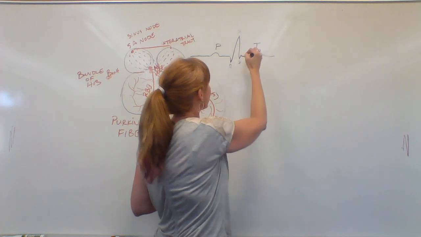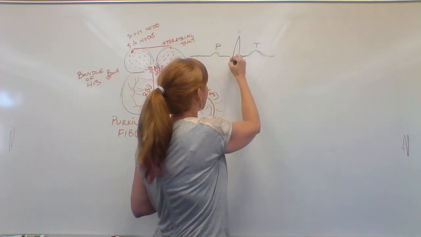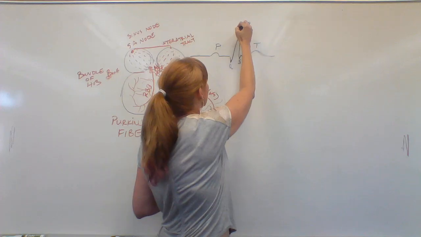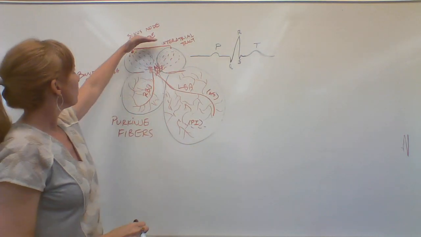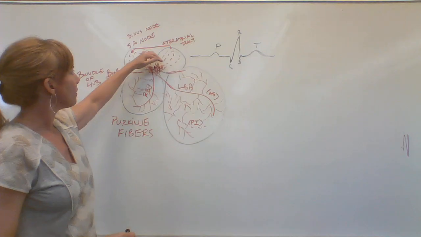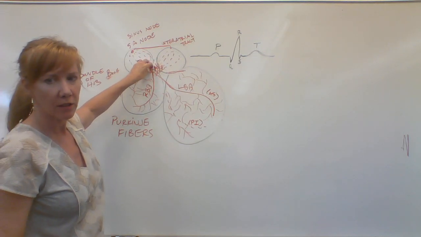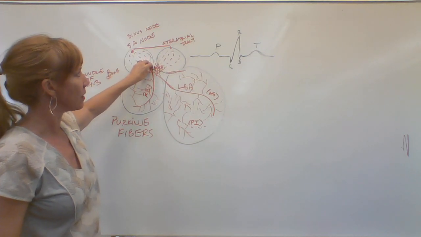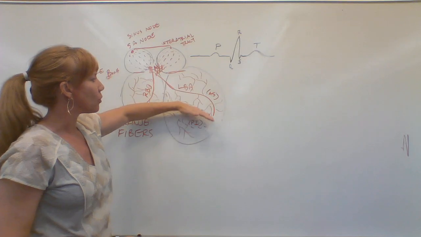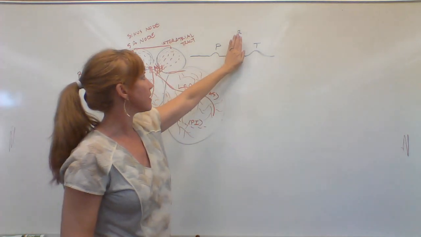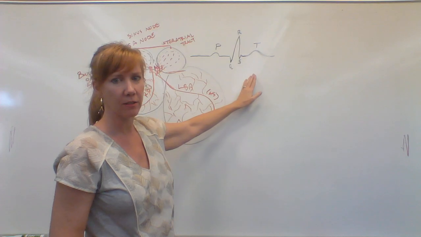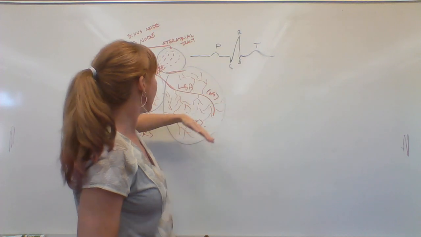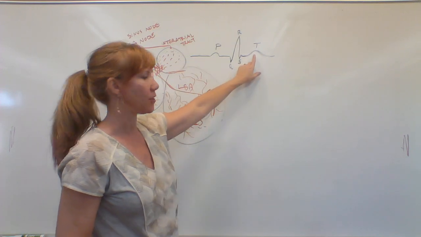T wave. QRS. That's a T. Here's the P wave. It all holds here. Here's the pause after the P. Ventricles depolarize. That's this entire complex of the QRS right here. And then as the ventricles reset, here's the T wave.